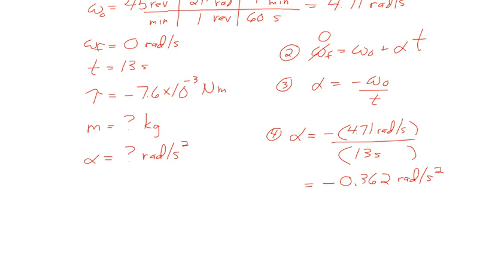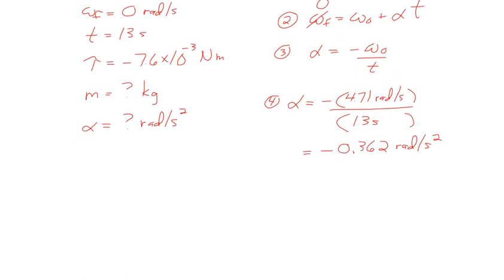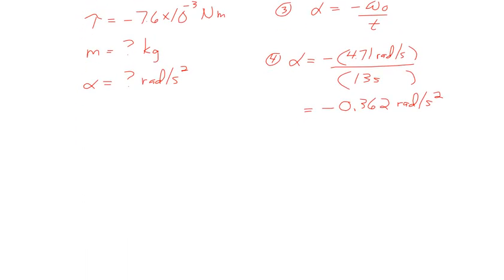So now, with all these numbers that I have, I'm going to get my mass directly. I'm not even going to solve for what I is separately. Again, you can if you want, but I want to go right to solving for the mass. I'm going to take my Newton's second law for rotation, torque equals I alpha, and replace the I with the formula for I in this problem.